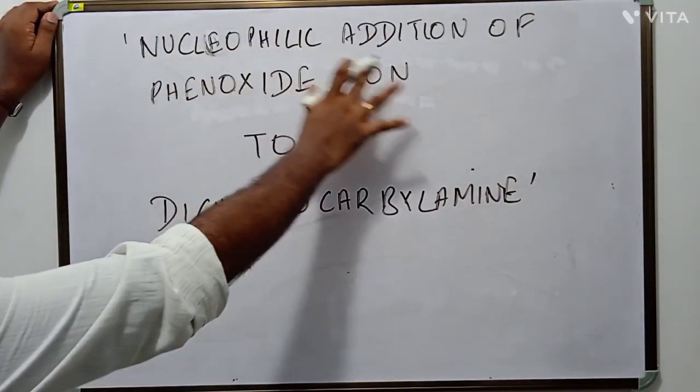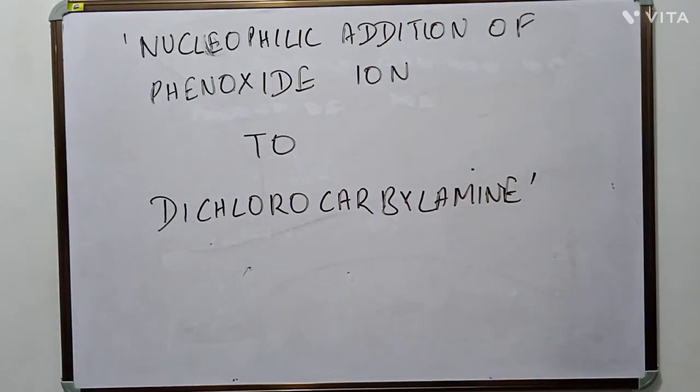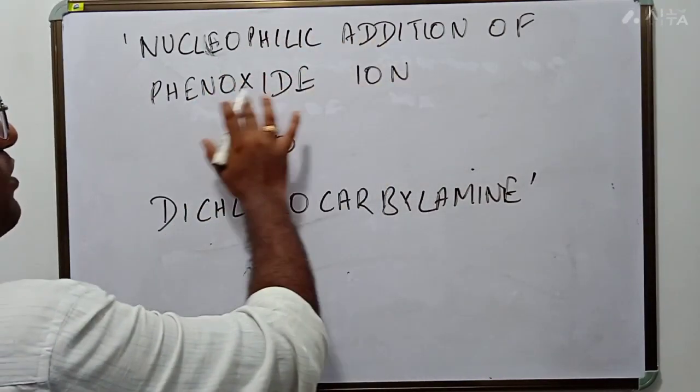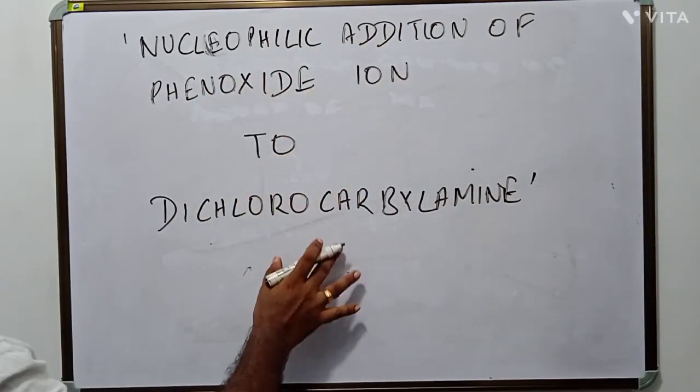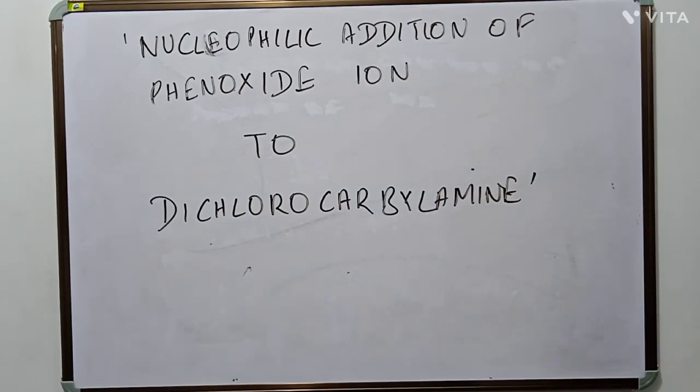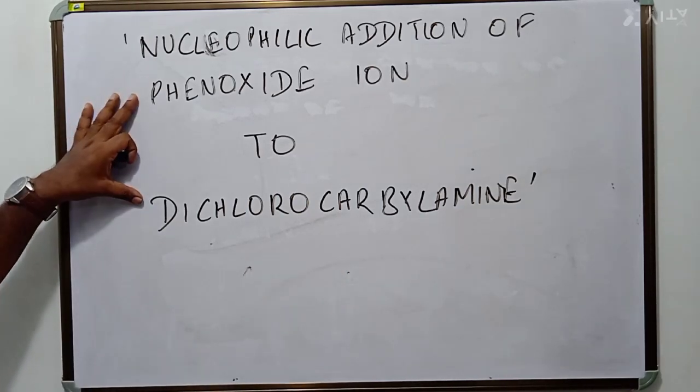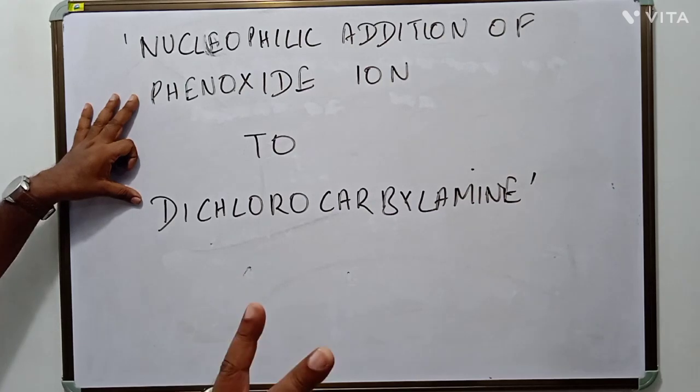That's it. This is the first sentence that you have to write as mechanism. It's a single sentence that describes the whole mechanism: nucleophilic addition of phenoxide ion to dichlorocarbene.